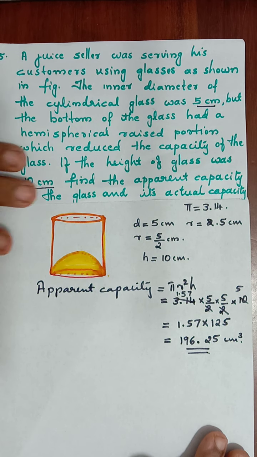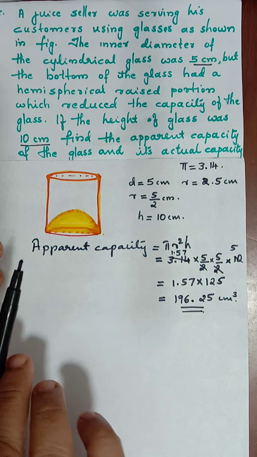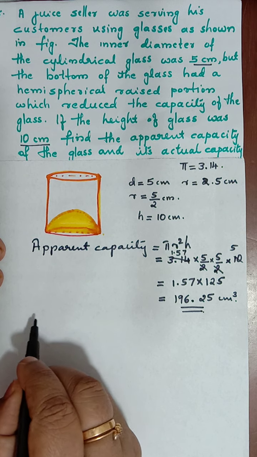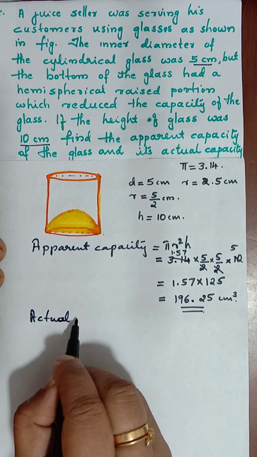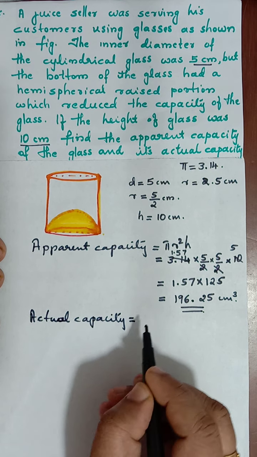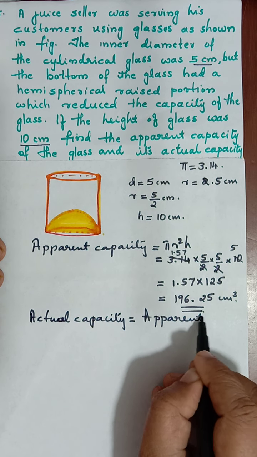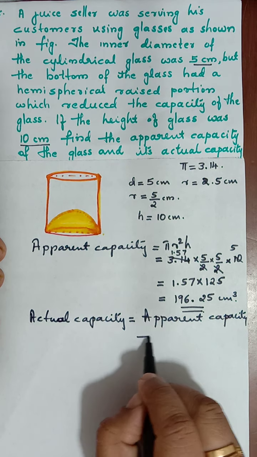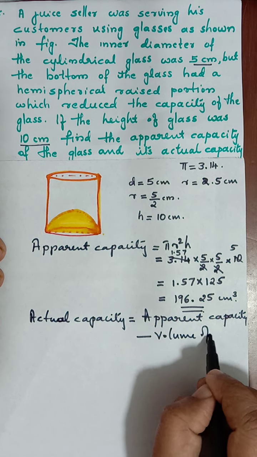Now let us find out what is the actual capacity. From the apparent capacity, we have to subtract the volume of the raised portion. Actual capacity is equal to apparent capacity minus volume of hemisphere.